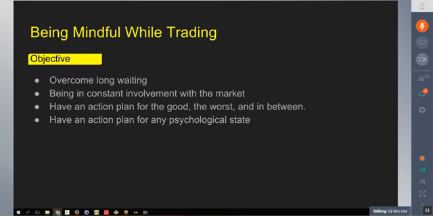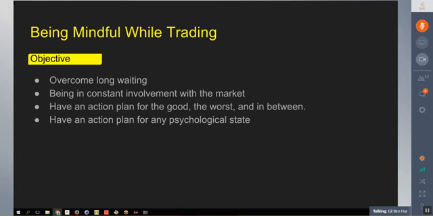So the objective for this lesson is to be mindful while we're trading. In our methodology, we have a lot of long waiting for the levels to come, and many of our traders, including myself and the people I trade with, suffer from the same thing.